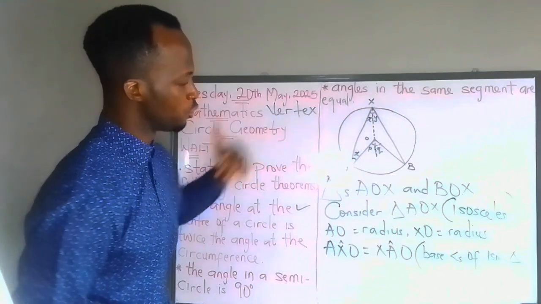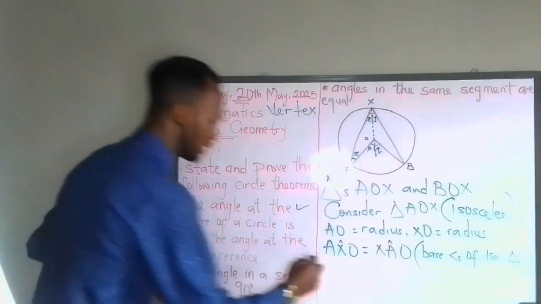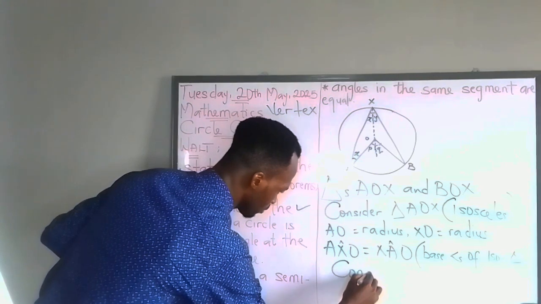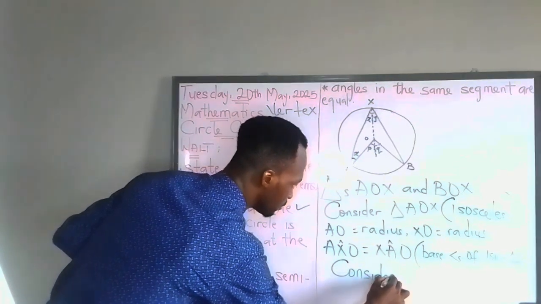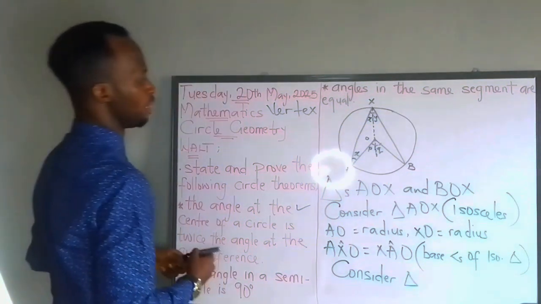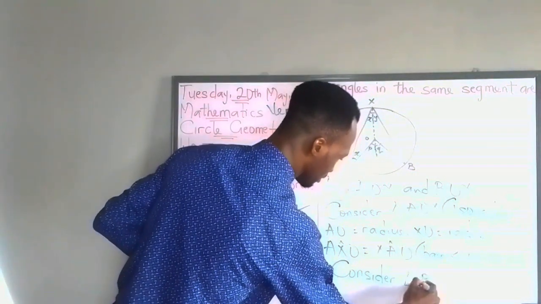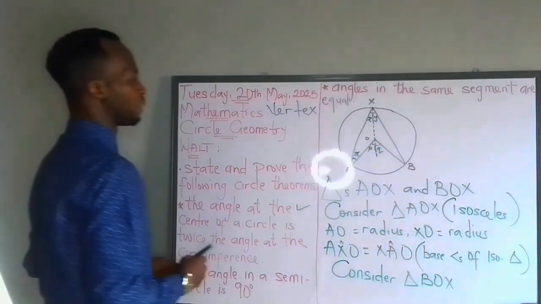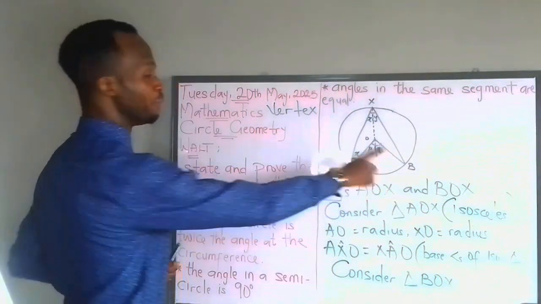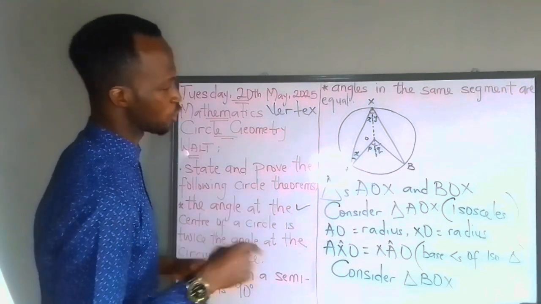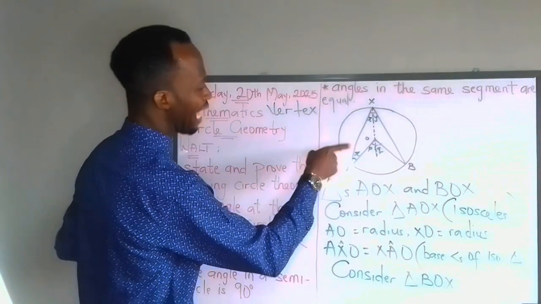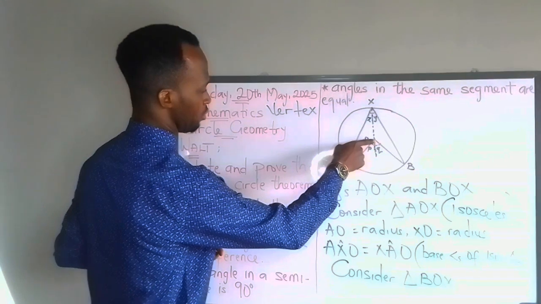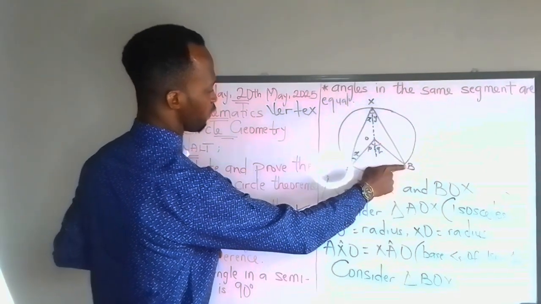Now, let us move to the other triangle. Consider triangle BOX. From what we have explained here, that makes triangle BOX also an isosceles triangle. How do we know that? The line that is drawn from the center of the circle to any point on the circumference is a radius.